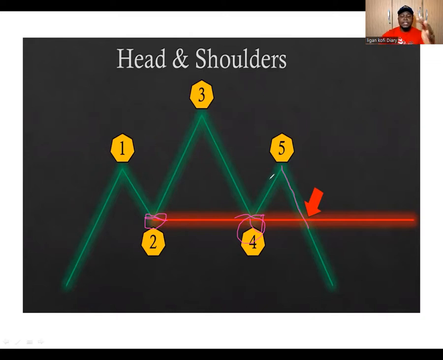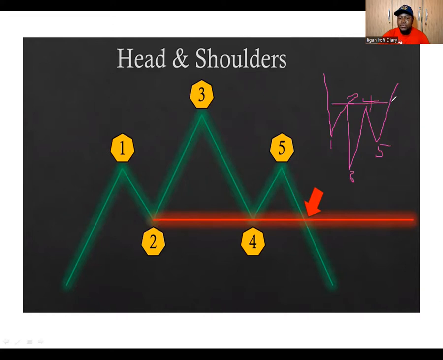So when you turn this upside down, you have something like this. Let me do this again. You have something like this, and then you have this, and then it goes like this. So this becomes what? 1, 2, 3, 4, and then 5. So you are looking at the neck of the 2 and then the 4 to break.